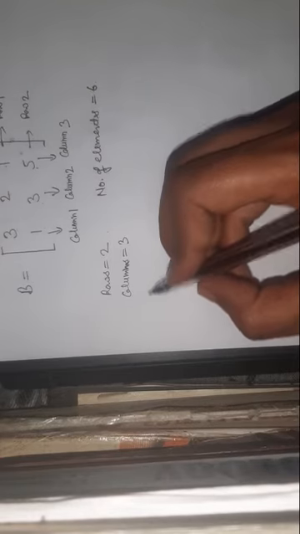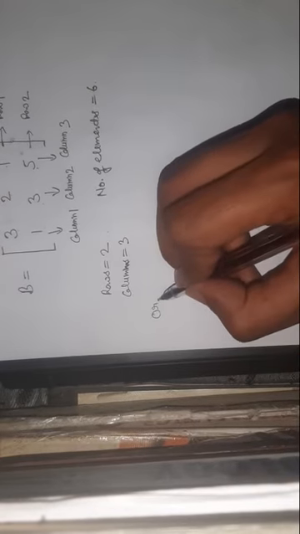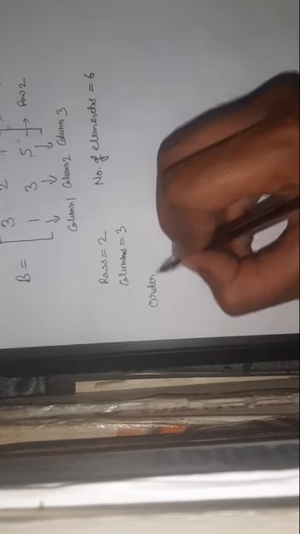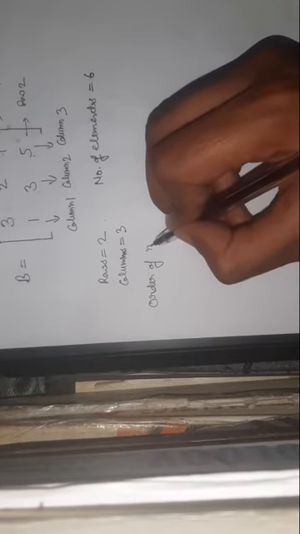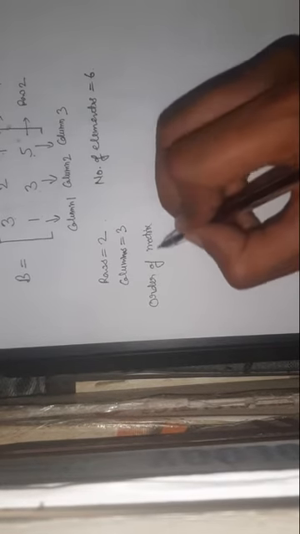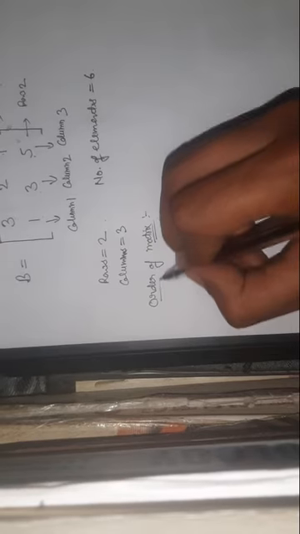Now, order of matrix. Order of a matrix is read as rows by columns.